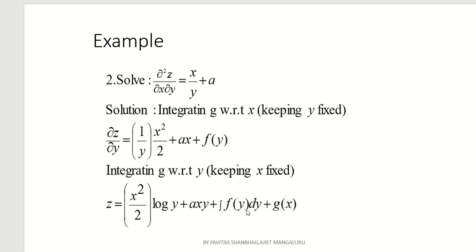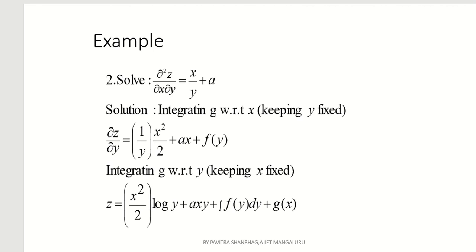Now you can write small f(y) as it is, or you can write it in terms of capital F(y). Why do we use capital F(y)? Because if you integrate a function in terms of y, you will get some other function in terms of y. That is z = x²/2 log y + axy + F(y) + g(x). You can write like that also.